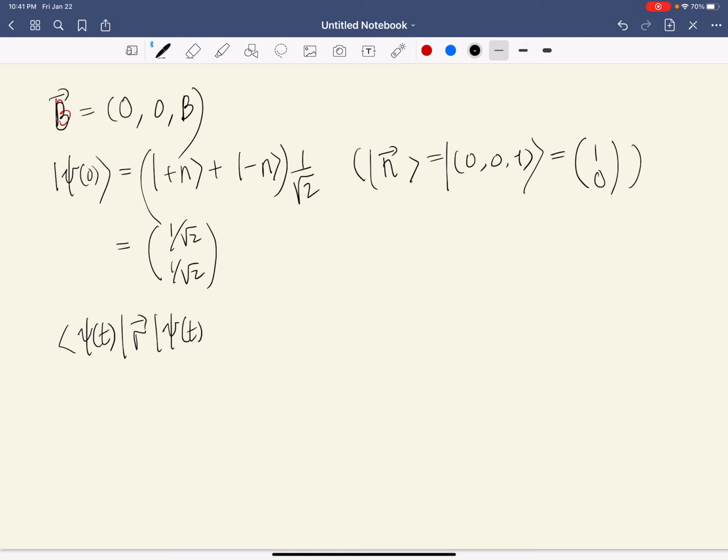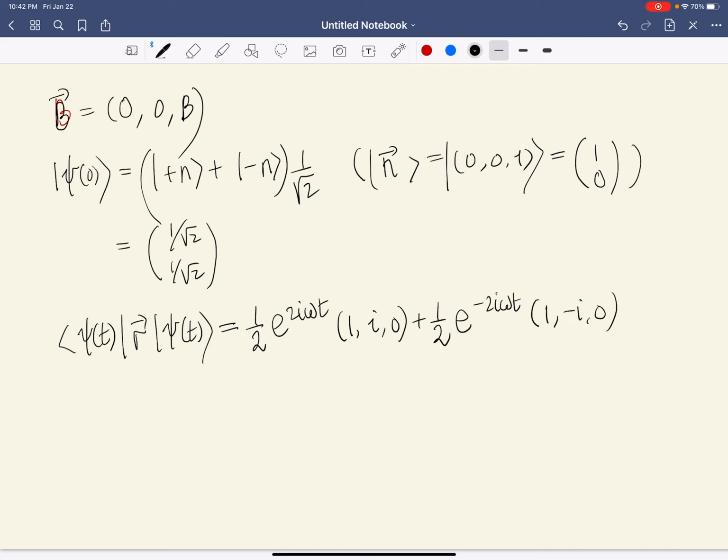All of this is really a matter for you to work out. And what I find is this sort of thing, 1, i, 0, minus 2i omega t, 1 minus i, 0. And if you do some cleaning, then you find cosine 2 omega t and minus sine 2 omega t.